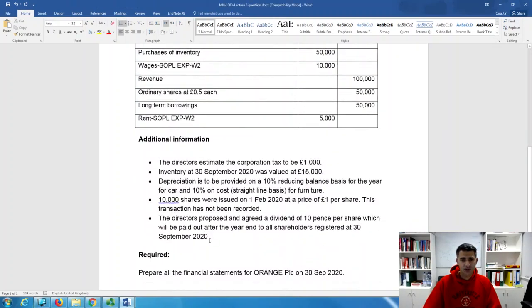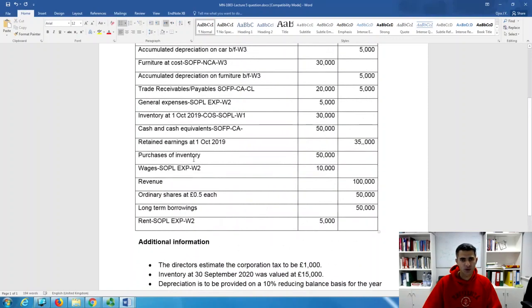Because of the dividends, because we issued shares, the company issued shares. If the company issued shares, this means the cash goes up. So we need to do a small working for cash, and we put it in working 6. Where is cash? Here we go. Working 6.